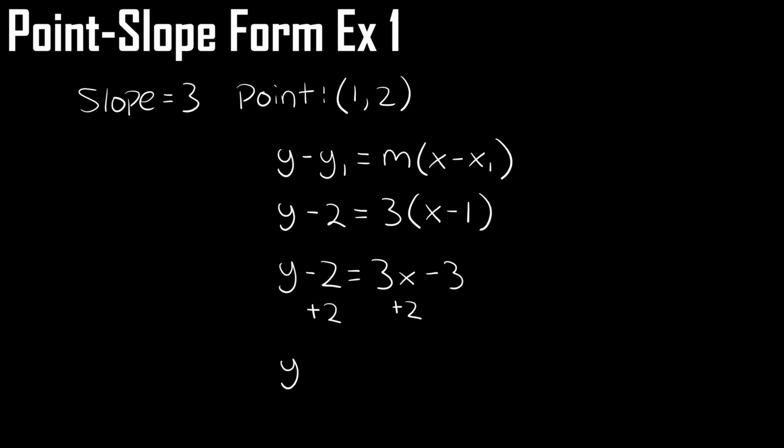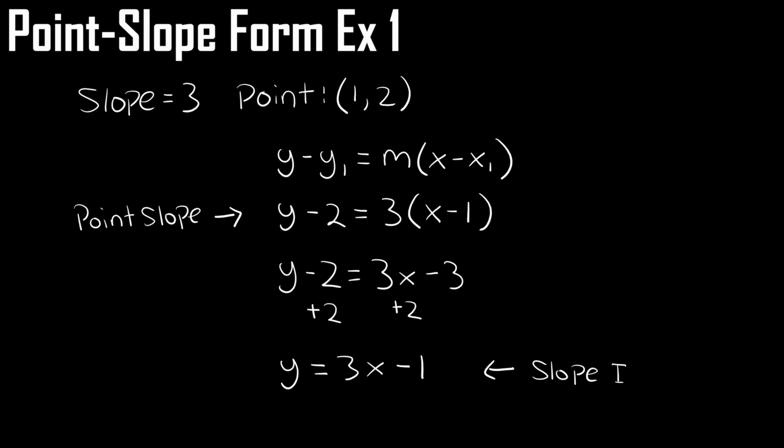Then we'll get y equals 3x minus 1. So this is our line in point-slope form. And this is our line in slope-intercept form.